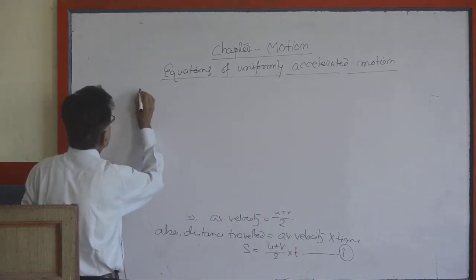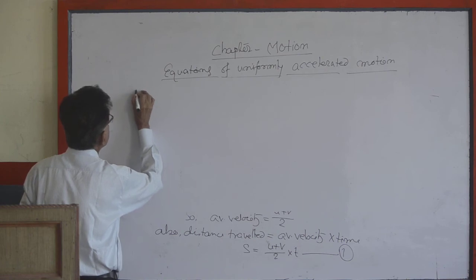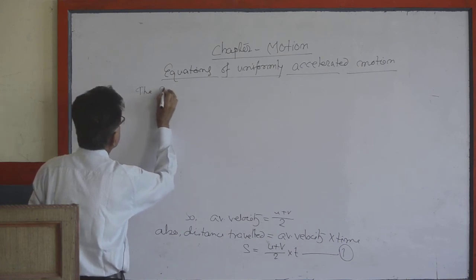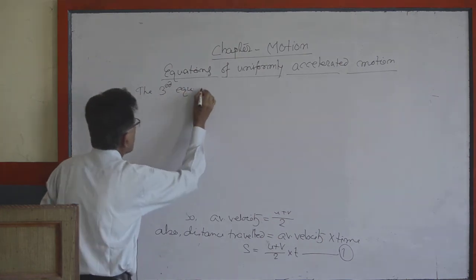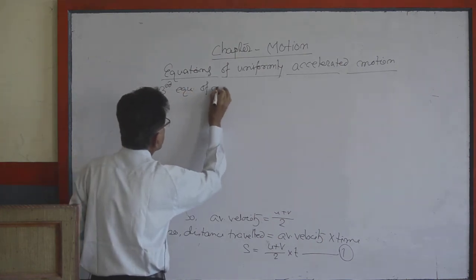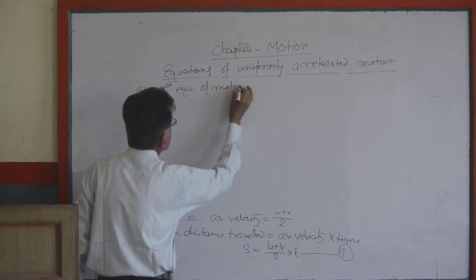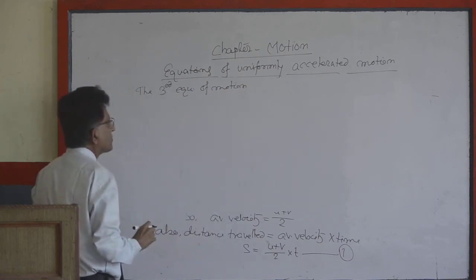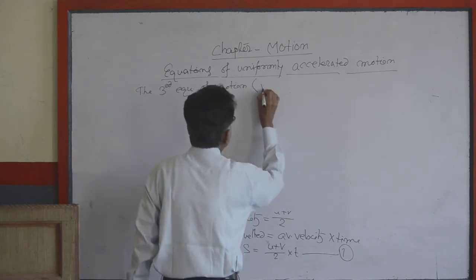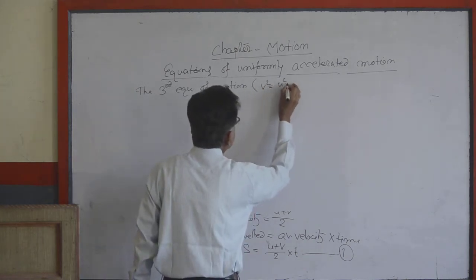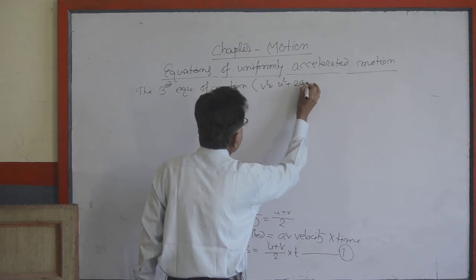Now the third equation of motion. This is the last topic. Third equation of motion, that is v square equal to u square plus 2as.